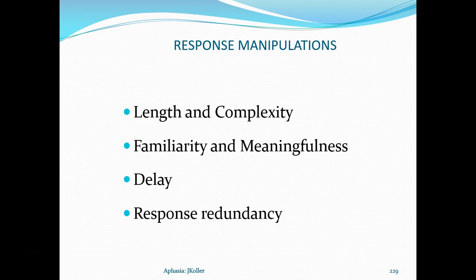What does resource allocation tell us? Resource allocation tells us that we have to seriously think about how we structure our tasks, how we set appropriate goals for our patients, and how we create stimuli that are more likely to elicit correct responses than perhaps not.